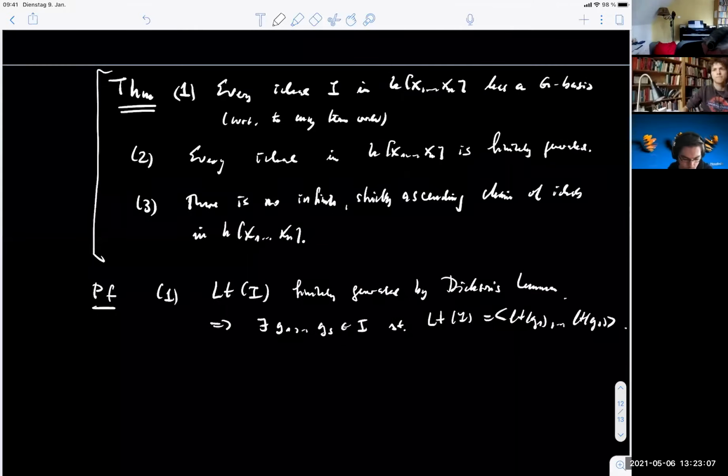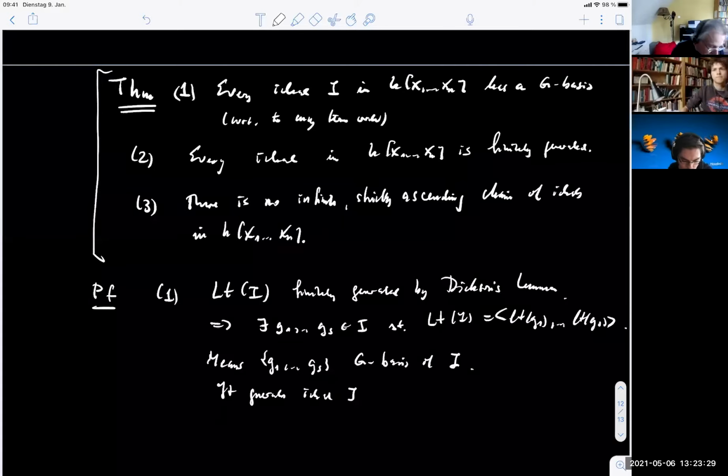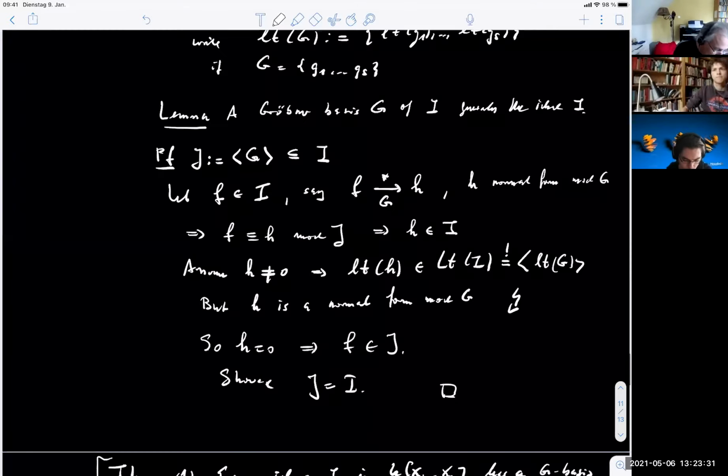So this means this is a Gröbner basis of I, and we know it generates I, because this was our lemma just above.